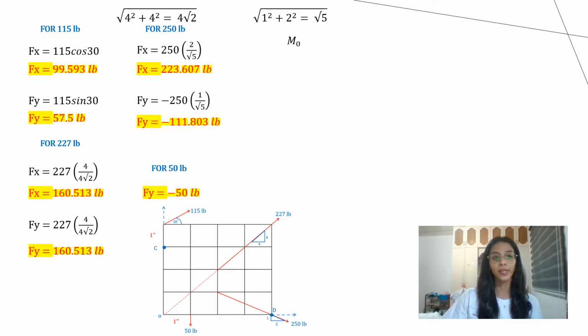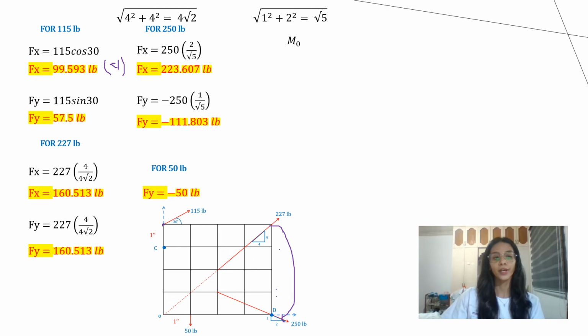For our moment, we have the force 115 pounds with an Fx of 99.593 pounds. From the x-axis to point O, it is 1, 2, 3, 4, so it is times 4.